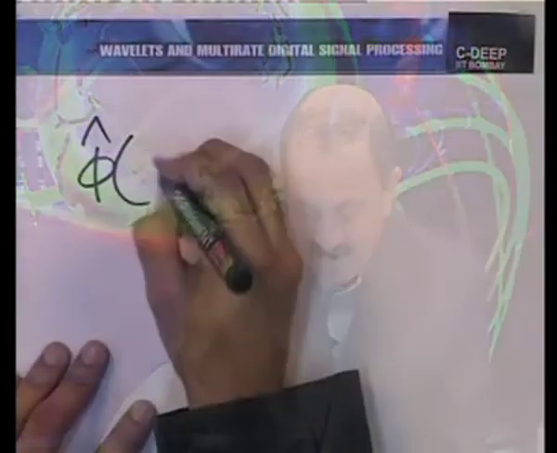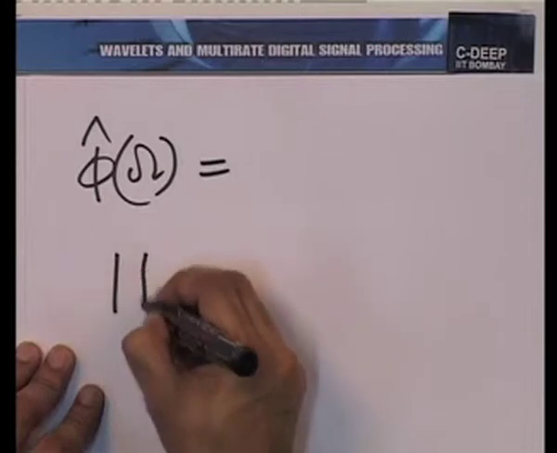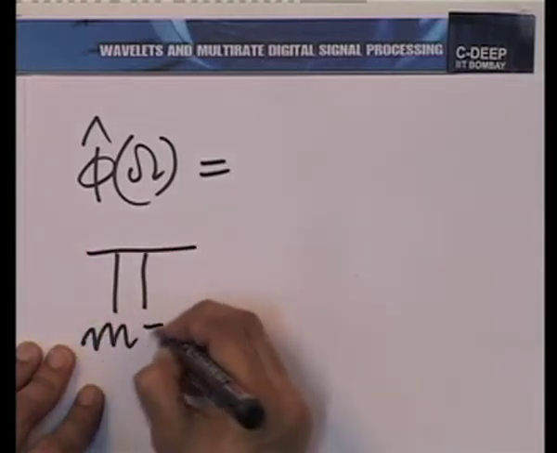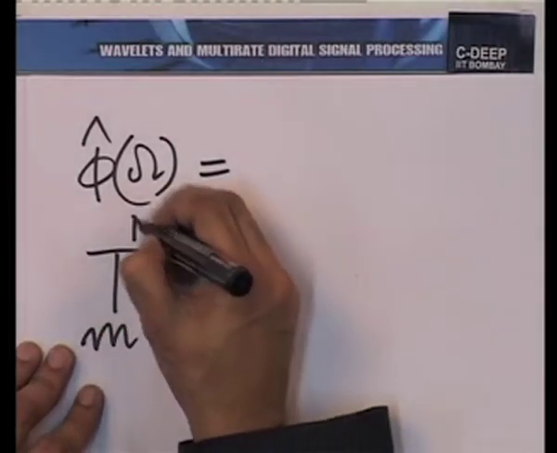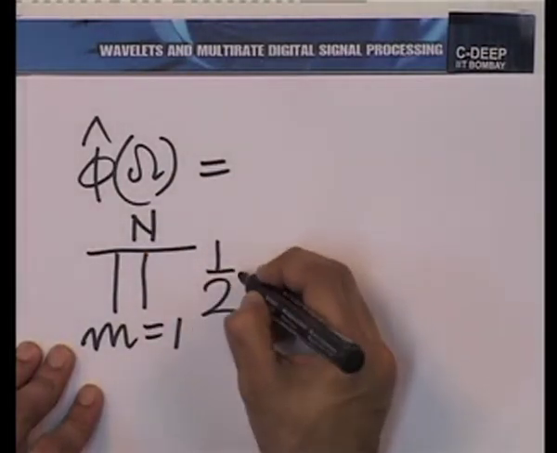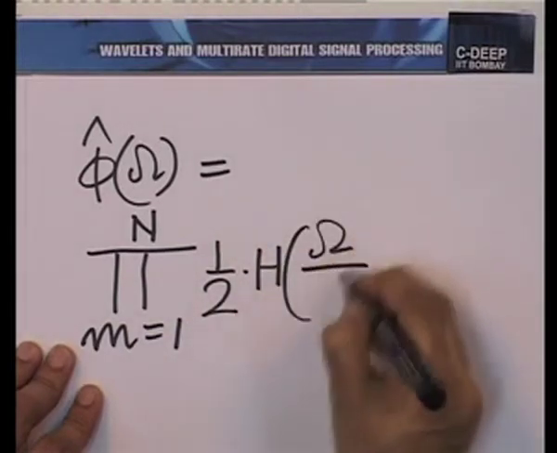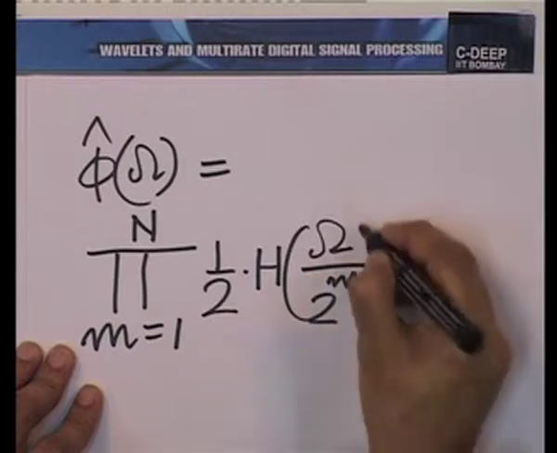So, ultimately we have something like this. We have phi cap omega is like a product. It is a product m going from 1 to capital N of half H of omega by 2 raised to the power m.